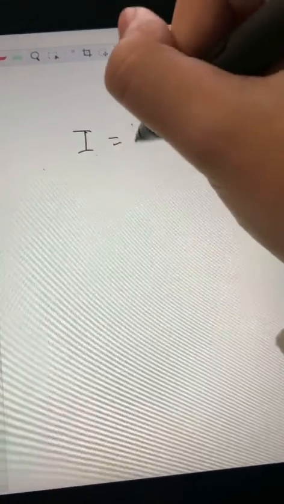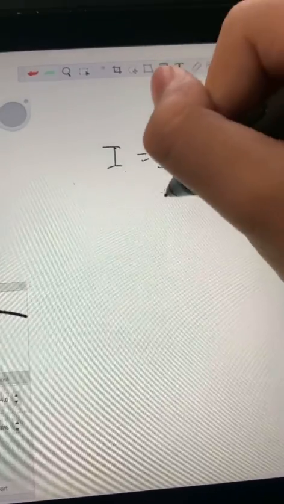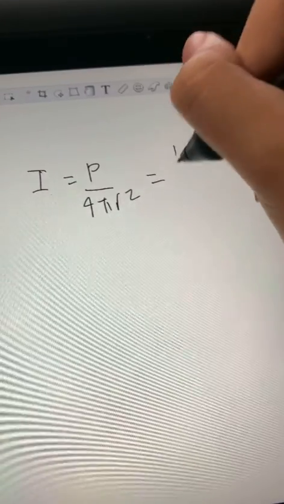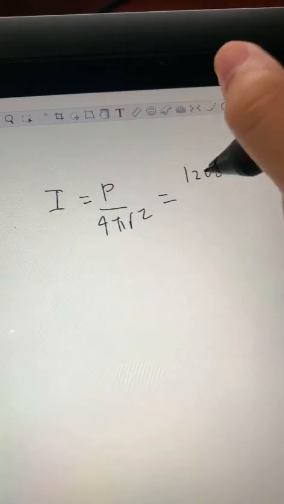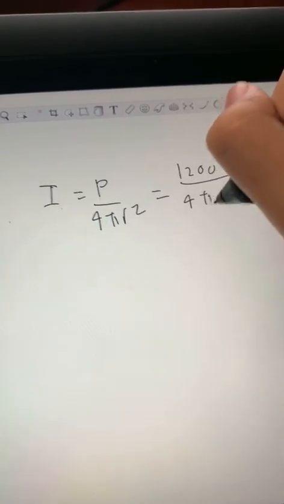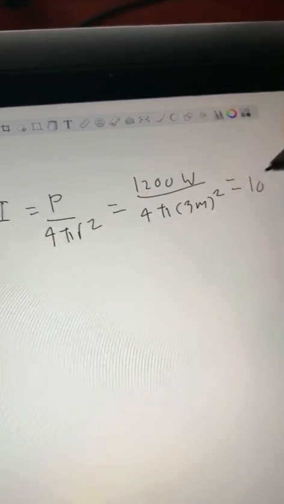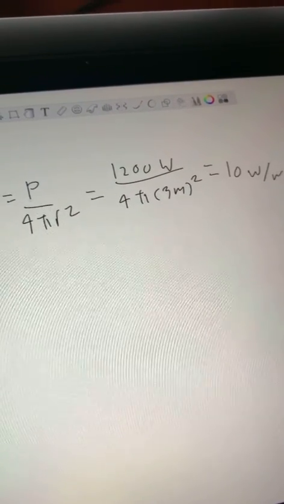In order to do this, we would do I equals P over 4 pi r squared. Filling in the values, we do 1200 watts over 4 pi times 3 meters squared, which would equal 10 watts per meter squared.